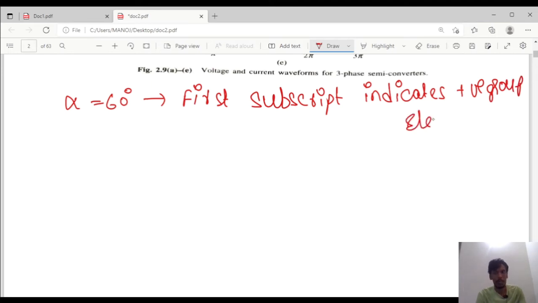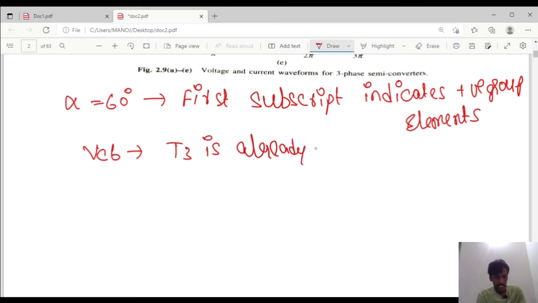As you know, positive group elements are thyristors, and the second subscript indicates the negative group element. So VCB indicates T3 is already conducting, so we will take diode D2 in the negative group.